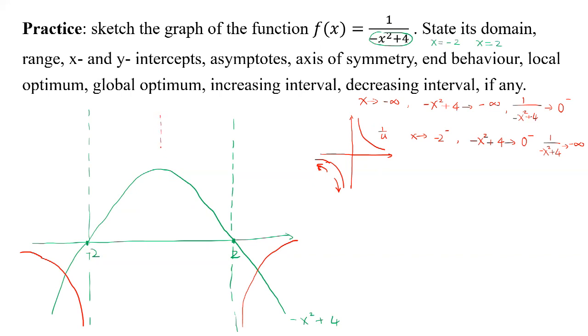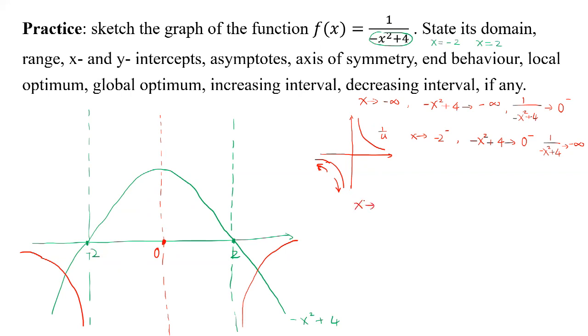And then this is the line of symmetry. Then we consider the branch in the middle. The line of symmetry is x equals 0. So let's consider the interval from -2 to 0.